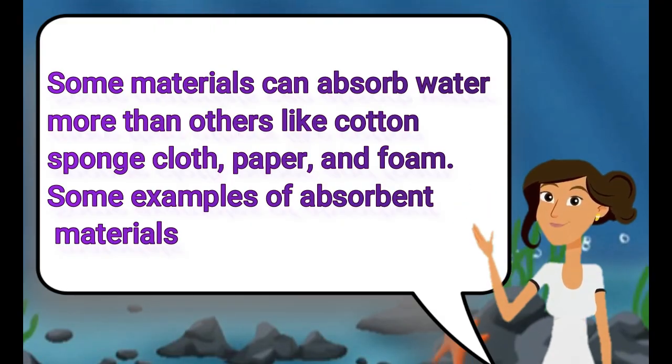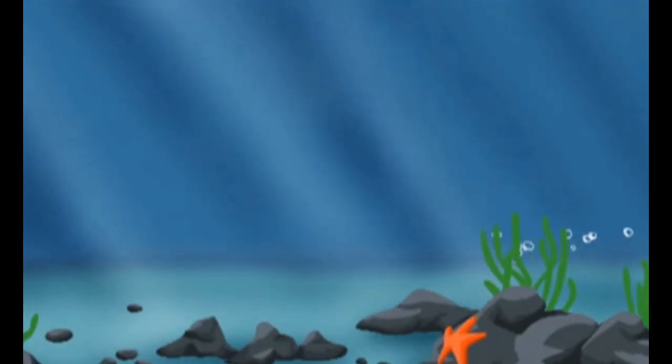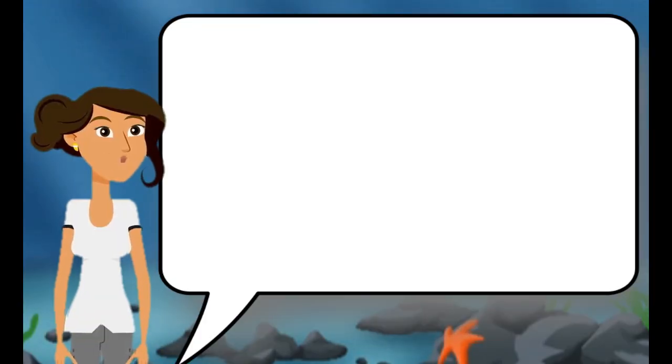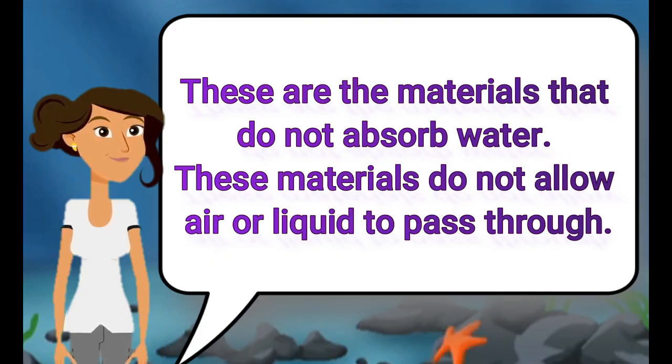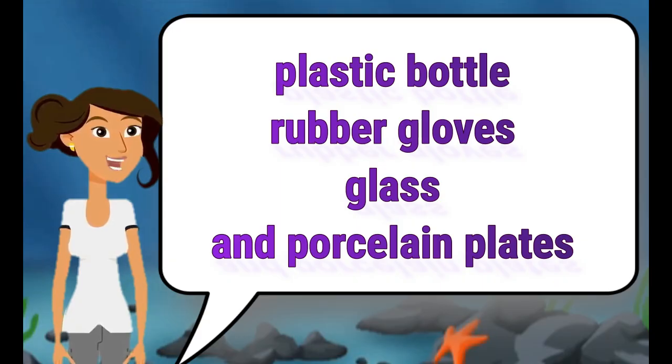So these are the examples of absorbent materials. These are the materials that do not allow air or liquid to pass through. Examples of this are plastic bottle, rubber gloves, glass, and porcelain plates.